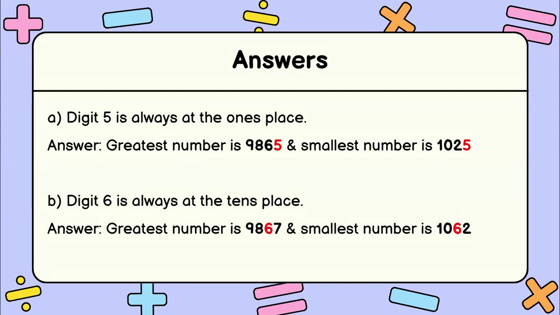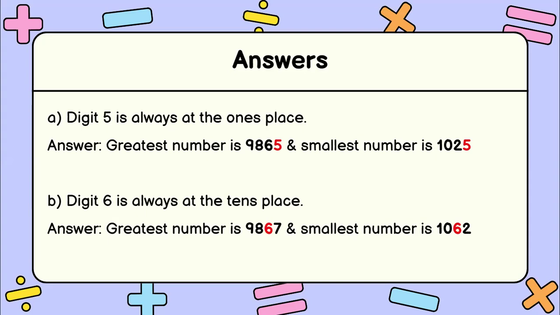So let's see what to write in the tens place, the hundreds place, and the thousands place. The greatest number that will be found is 9865, a descending order with 9 the largest and 6 the smallest in those three.